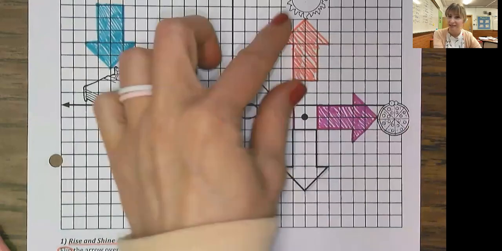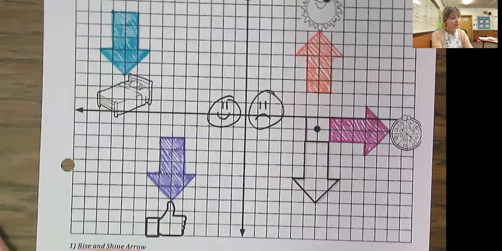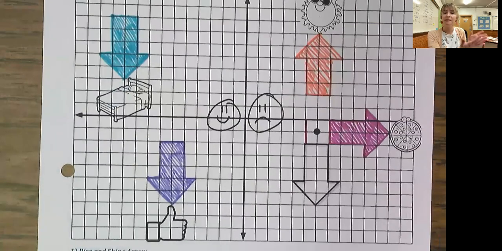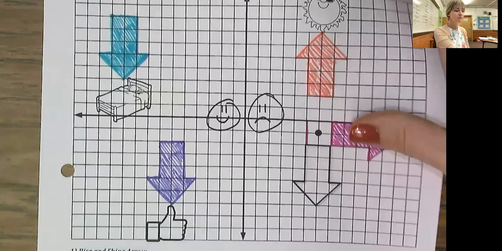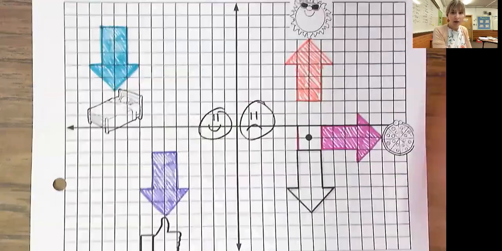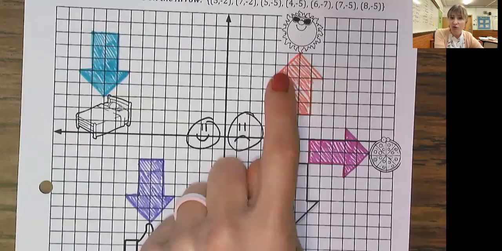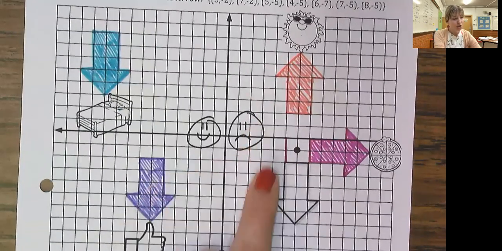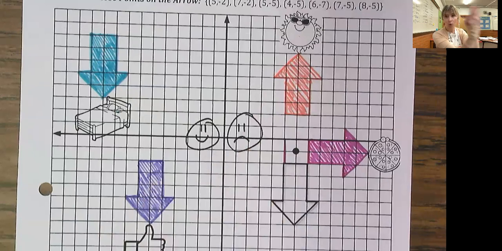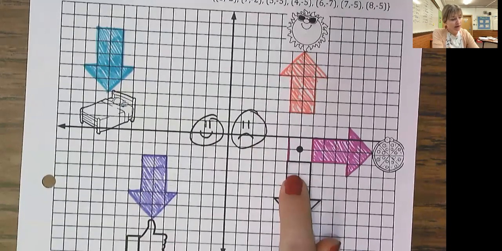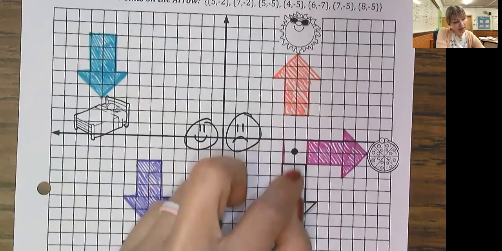If you're looking at yours and mine is higher than yours, to flip it over the x-axis, that means imagine for a second that I folded my paper on the x-axis. If you fold your paper on the x-axis, this new arrow that you drew should land right on top of the original arrow.